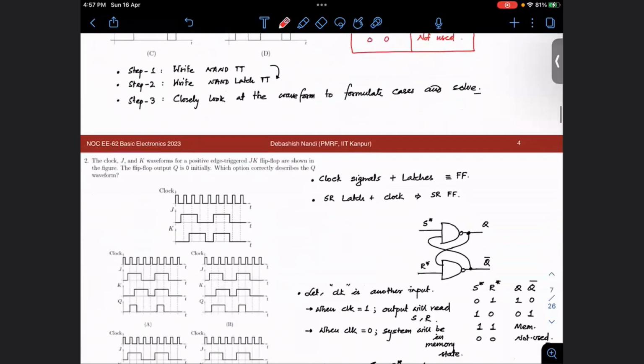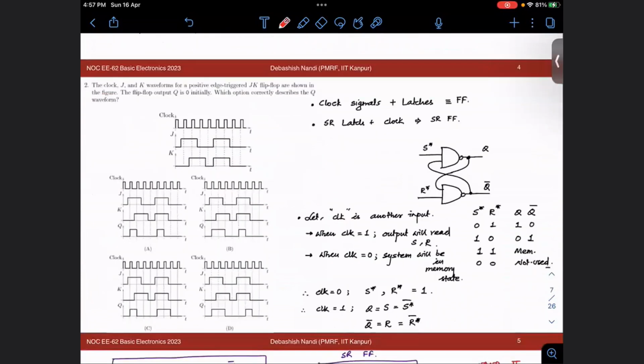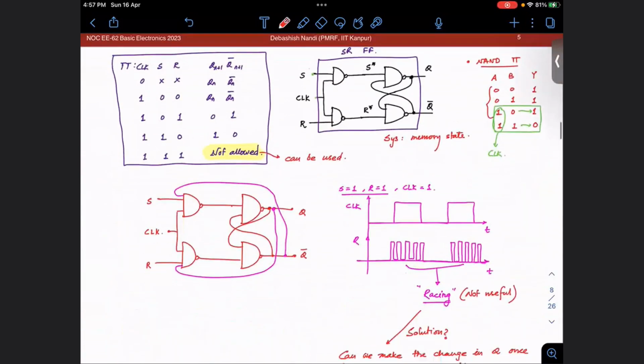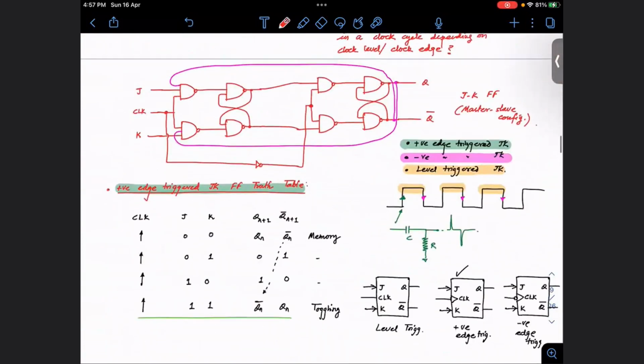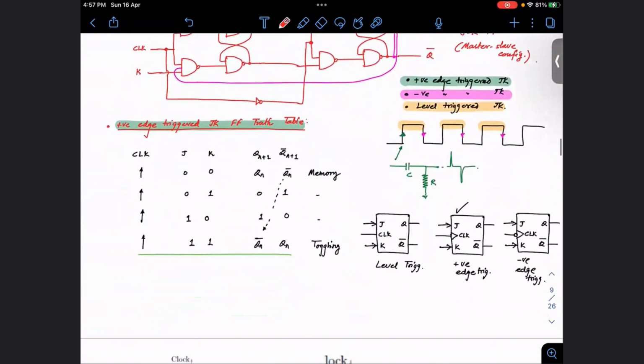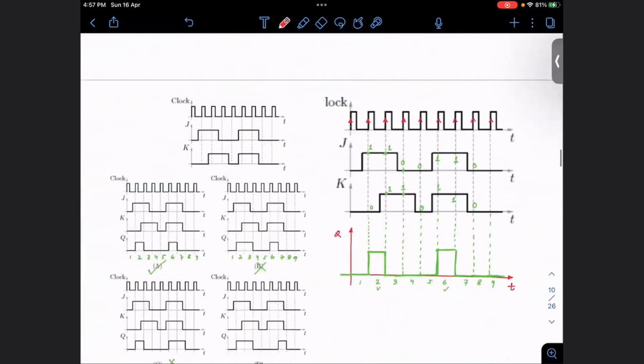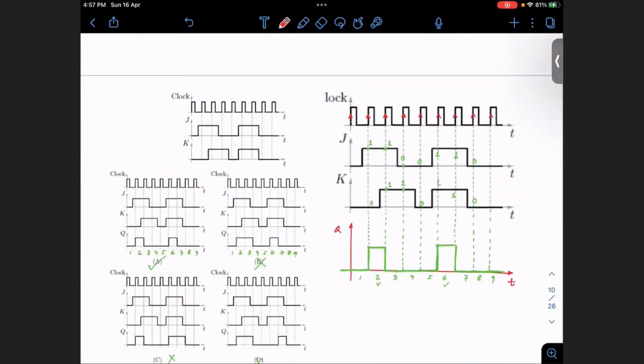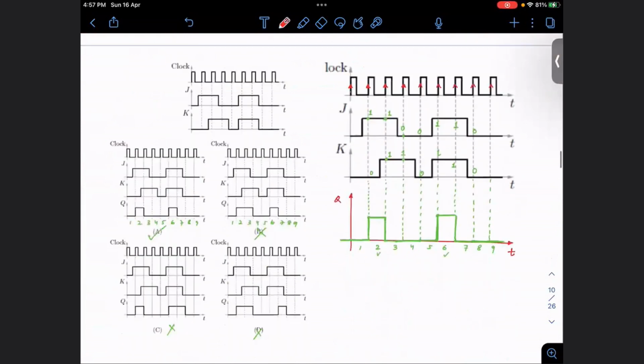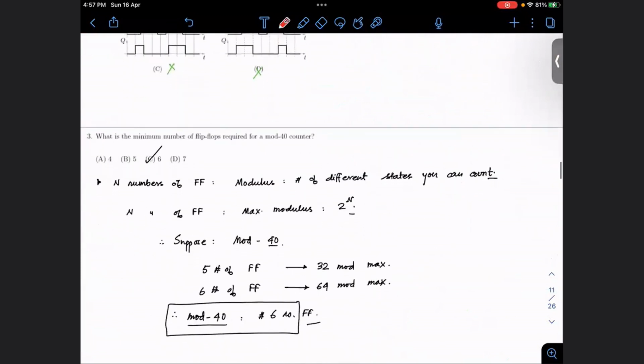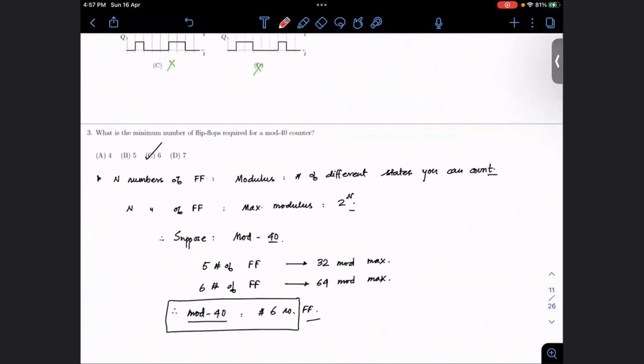Then we have seen why we need flip-flops, what an SR flip-flop and a JK flip-flop are, what a master slave configuration is, what positive edge triggered and negative edge triggered mean, and we came up with the truth table and solved the problem of how a positive edge triggered flip-flop will look. Then we discussed the meaning of modulus.